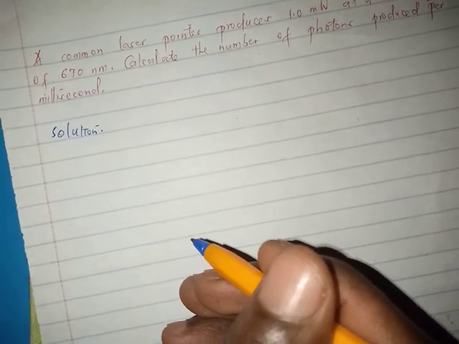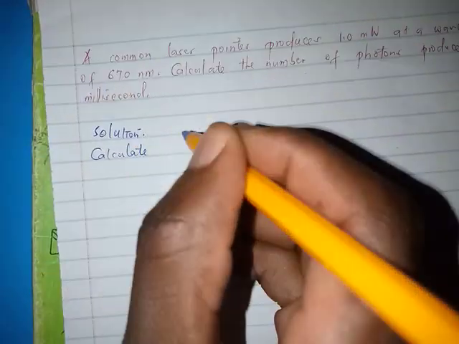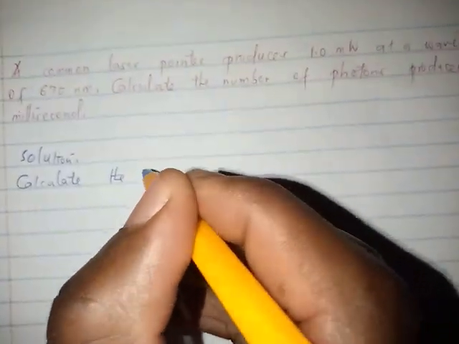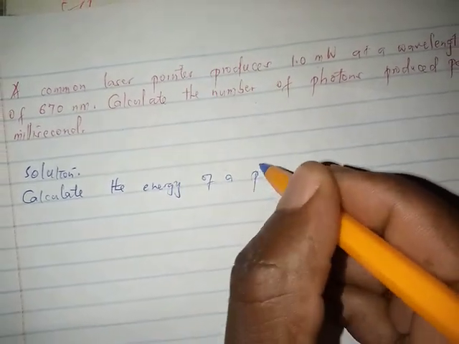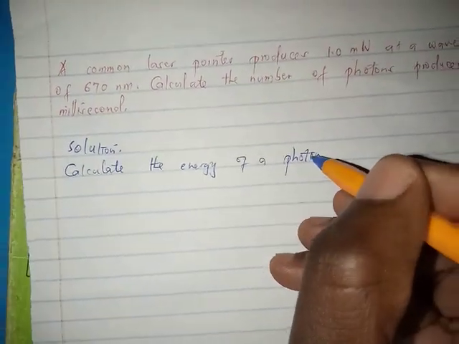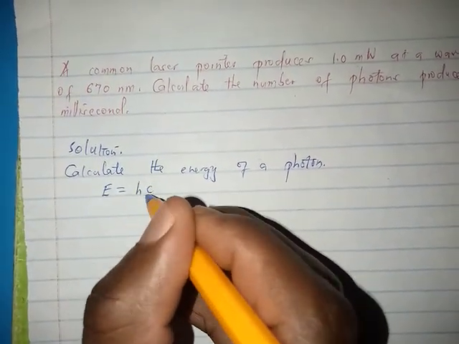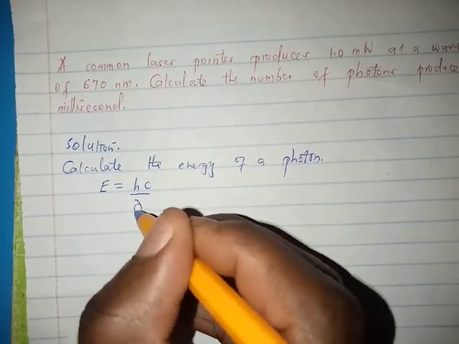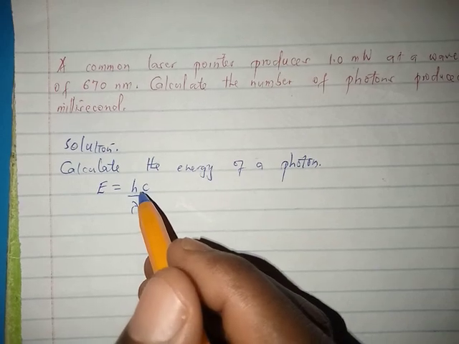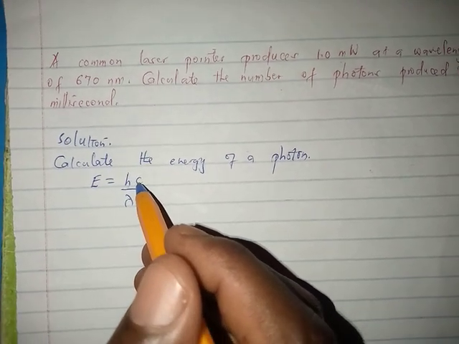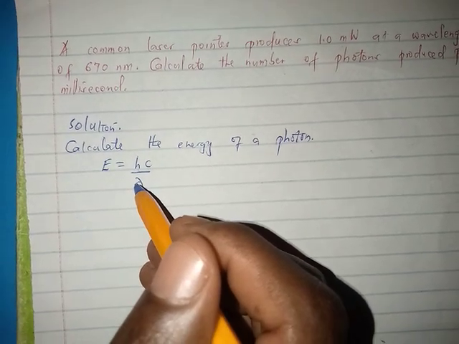So the first step, we calculate the energy of the photon. Energy is given by hc over lambda, where h is the Planck's constant, c is the speed of light, and lambda is the wavelength.